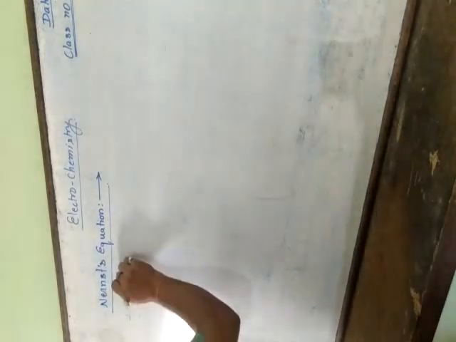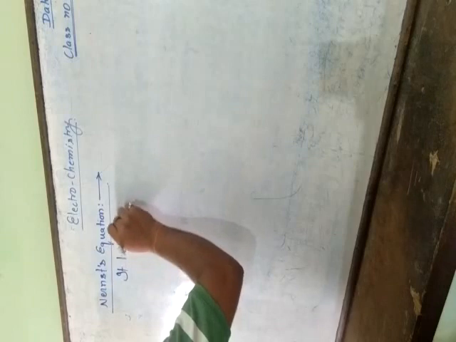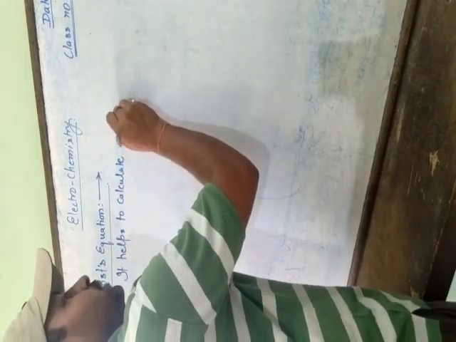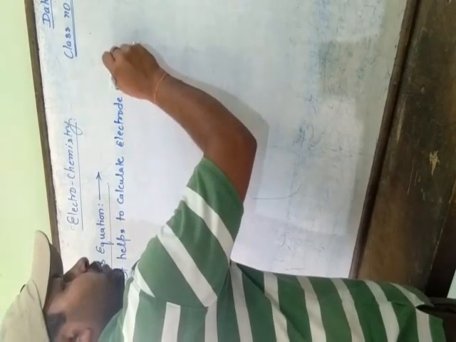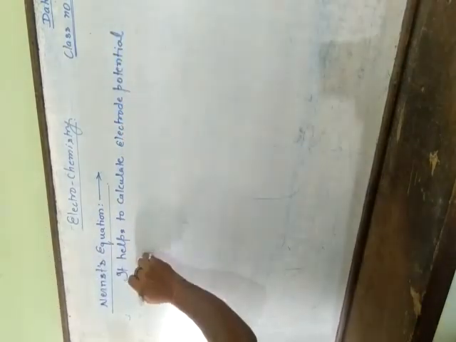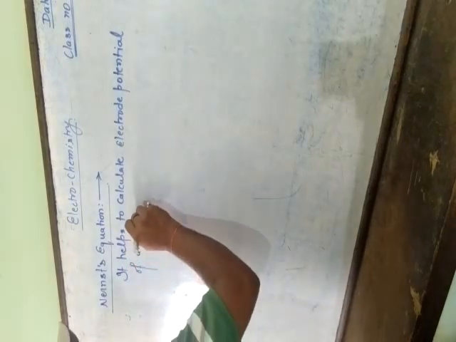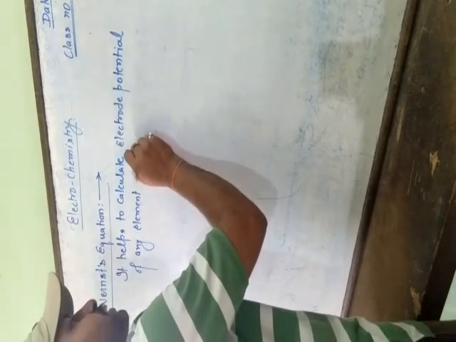Students, we move towards an important topic, which is the Nernst equation. It helps to calculate the electrode potential of any element at any concentration.